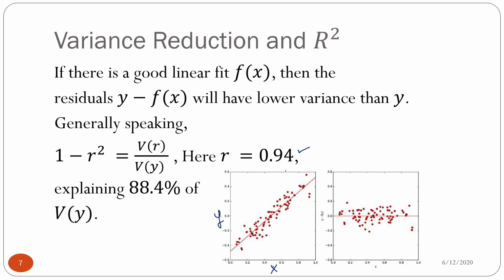So let's try to identify how much of the variance in Y is being explained by X right here. If you stick to the formula, you can square it and you will find that 88.4% of the variance in Y is explained by X. But let's try to understand how we came to it.